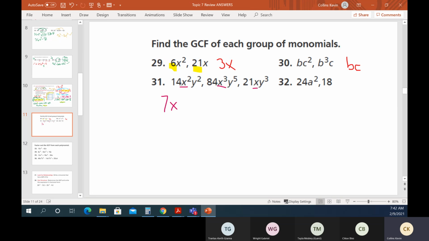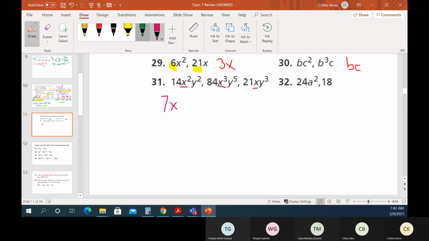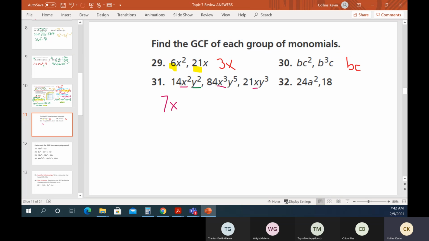All right, so let's look at the y's. For y, we've got a y squared, y to the fifth, and y to the third. So what's our smallest power for y?